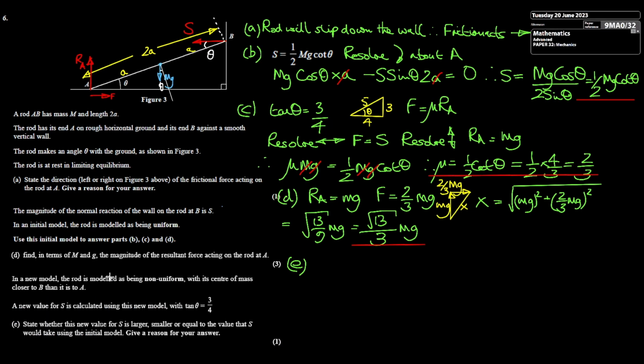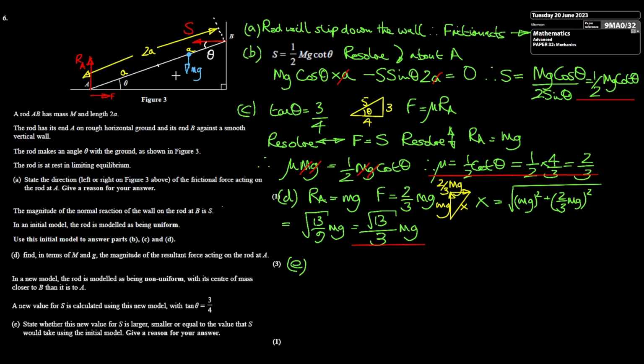We're told that the rod is now not uniform and the centre of mass has moved closer to B, up this way, therefore. And with this value of tan theta being equal to 3/4, the rod hasn't changed its attitude between wall and floor. State whether S, the reaction force here from the wall, is larger, smaller, or equal to the S when the rod was uniform.